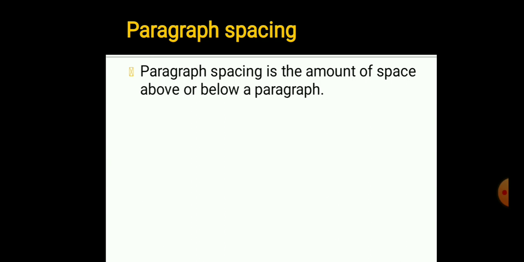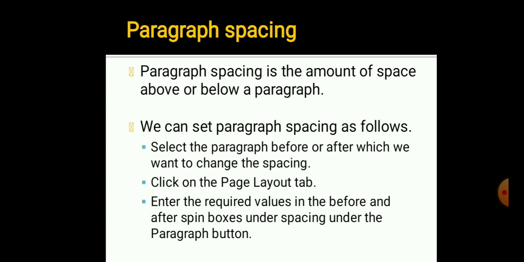Or after the second paragraph, we can give some space also. Likewise, we can give this paragraph spacing above the paragraph or below the paragraph. For that, we are going to do these steps. First thing, select the paragraph which is going to be given before space or after space.